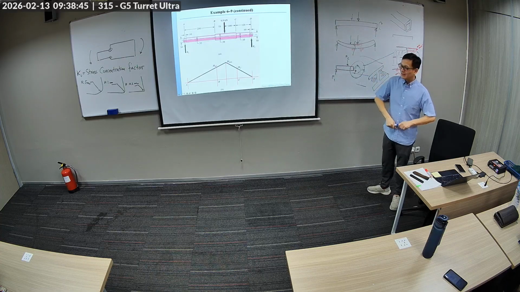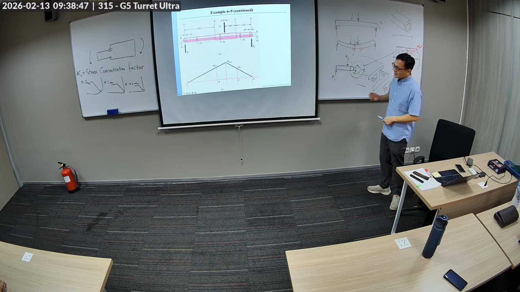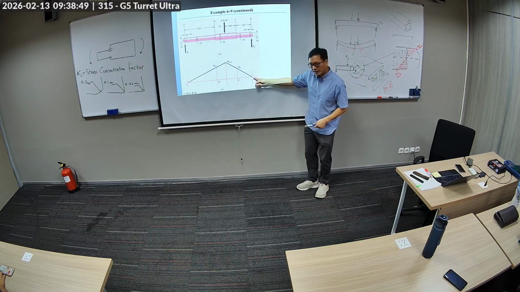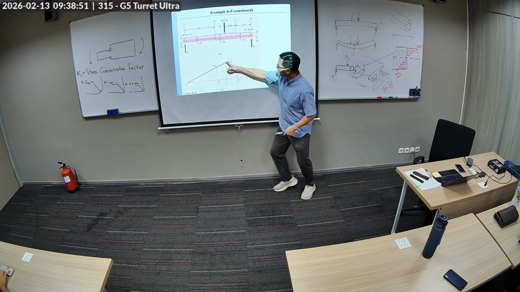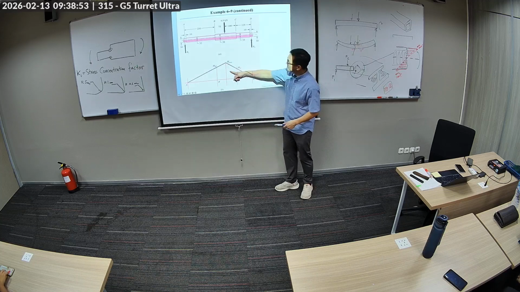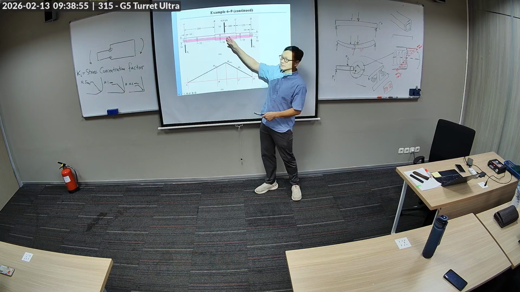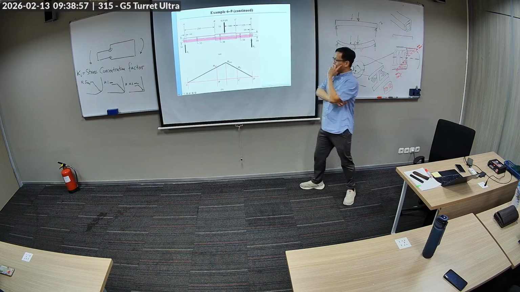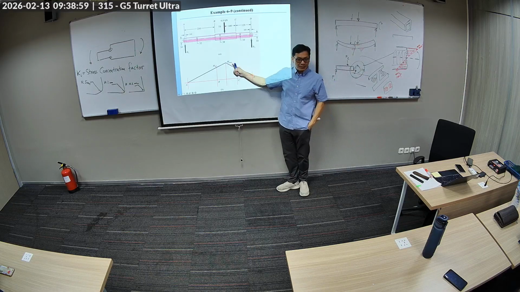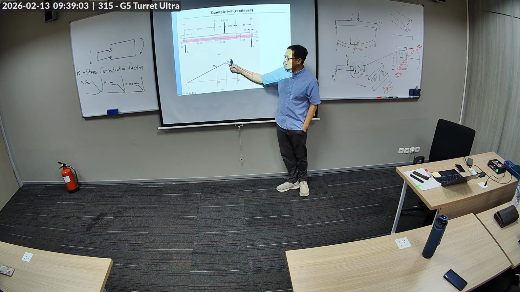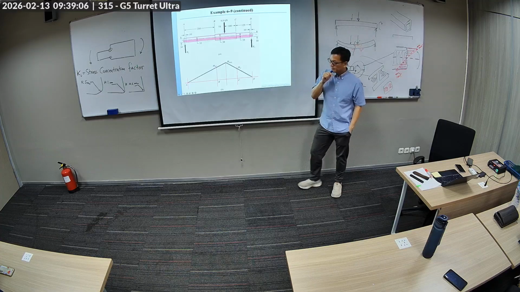Favorite topics, right? I know. So it's 0 here. It's maximum somewhere here where that force is. But even though this is the maximum moment, I can bet you this is not going to be the point of failure.